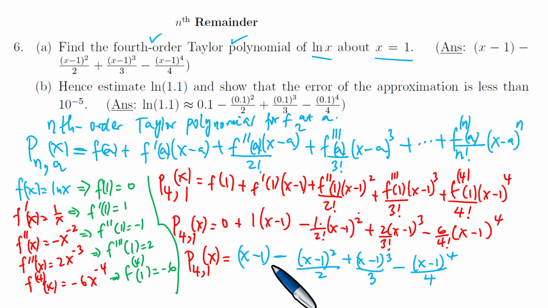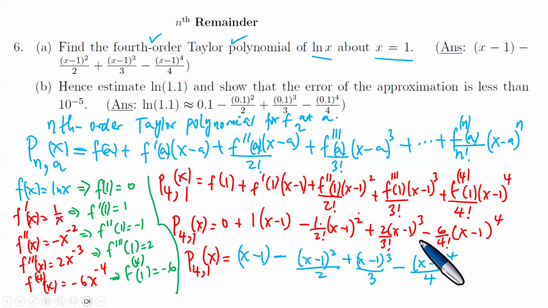But I want us to do more of these. For example, you can find an estimate of that and show that the error of the approximation is less than 10 to the minus 5.